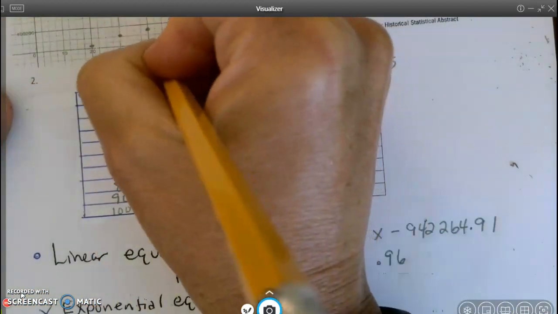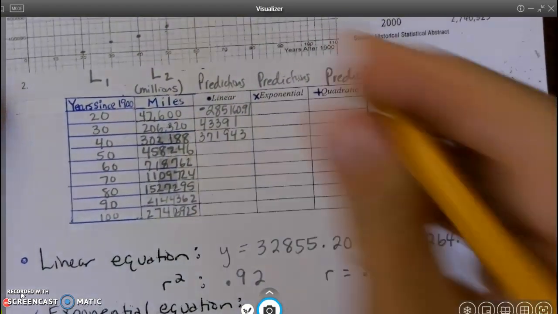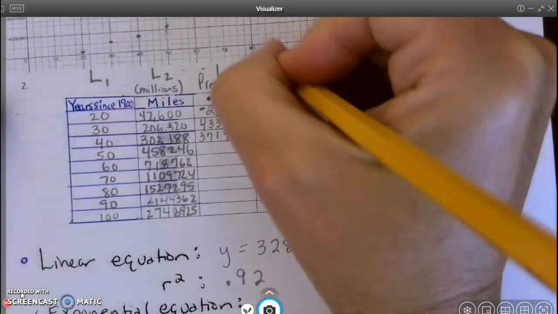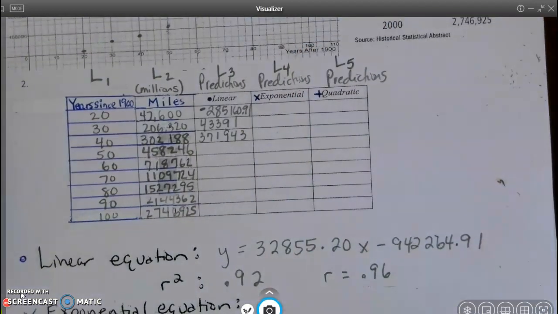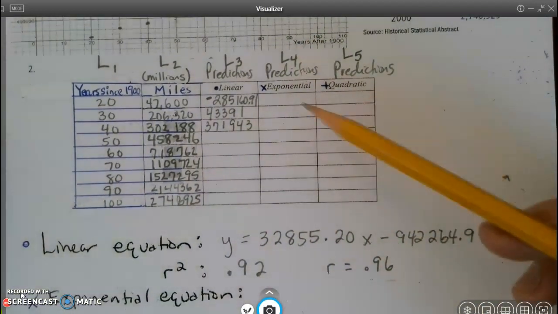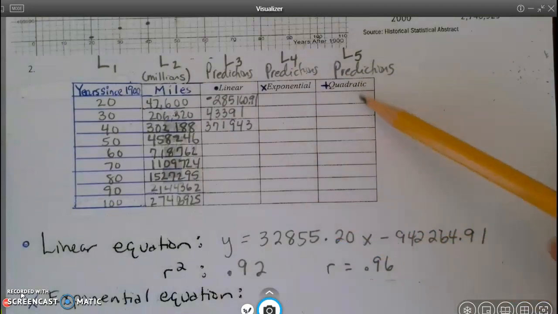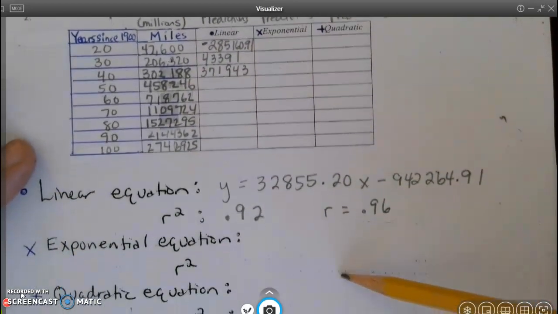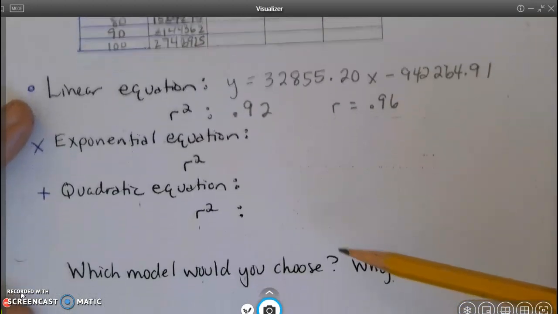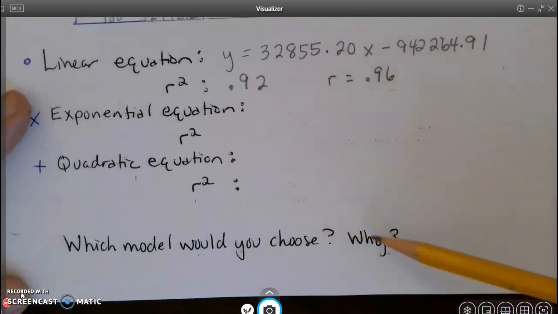This is L1. This is L2. This is going to be L3, L4, and L5. And you will fill in all of your predictions that you found using these equations. When you're all finished, which model would you choose and why? You'll have to answer that question.